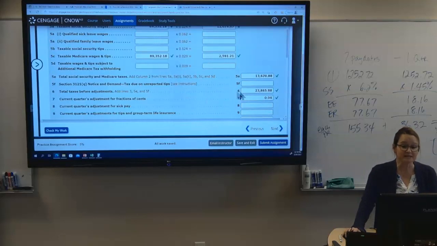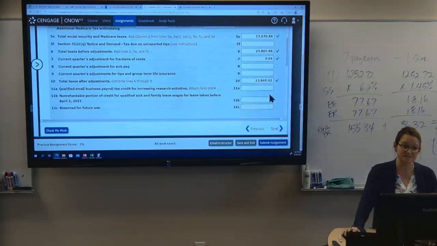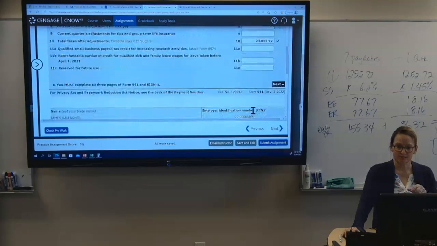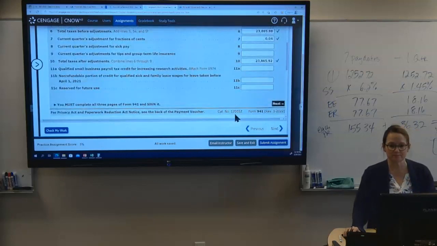So that would probably end up being one of those fractions of cents differences. Okay. So again, you're going to match to what the actual deposit was. And yes, what you can do is just enter in what was deposited, take line 10 minus line 6, that's going to be line 7, right? And if it's positive, it's going to be positive, and if it ends up being a negative, it's going to be negative.